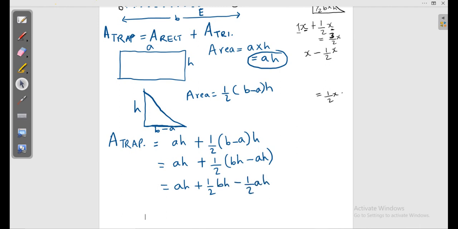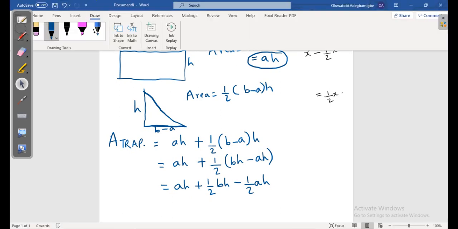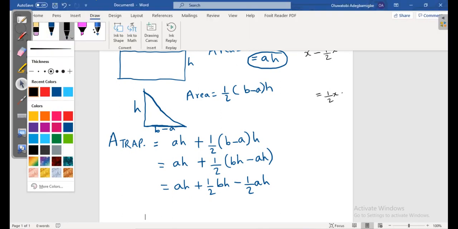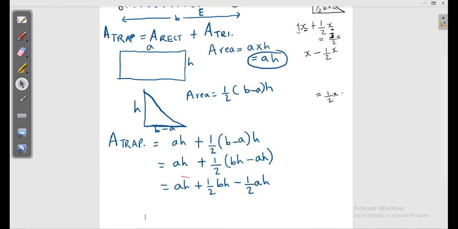I use the 1 over 2 to multiply bh and the 1 over 2 to multiply minus ah. Now you will observe that there are like terms: ah is alike with minus ah. So ah minus 1 over 2 ah, from what I explained earlier, means that we are going to have 1 over 2 ah.